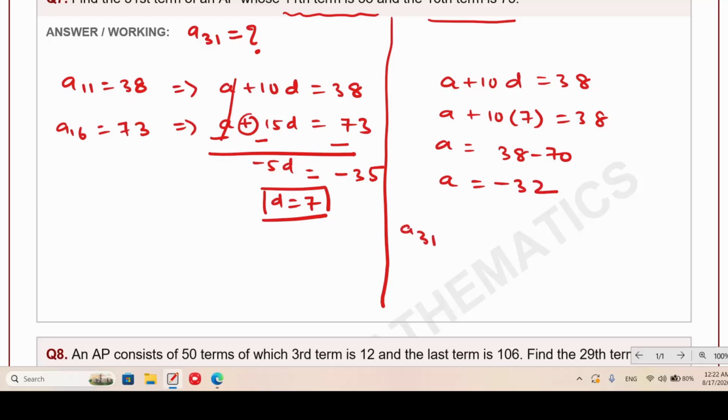So A31 is equal to a plus 30d, and the value of a is negative 32, plus 30 times 7 is equal to negative 32 plus 210. 210. So 200 minus 30 will be 180, and this will be 178. No, how much did it come after subtracting? Tell me how much it came.